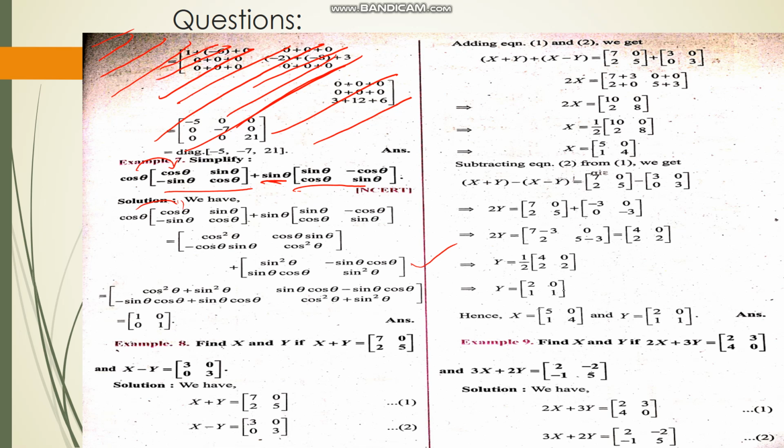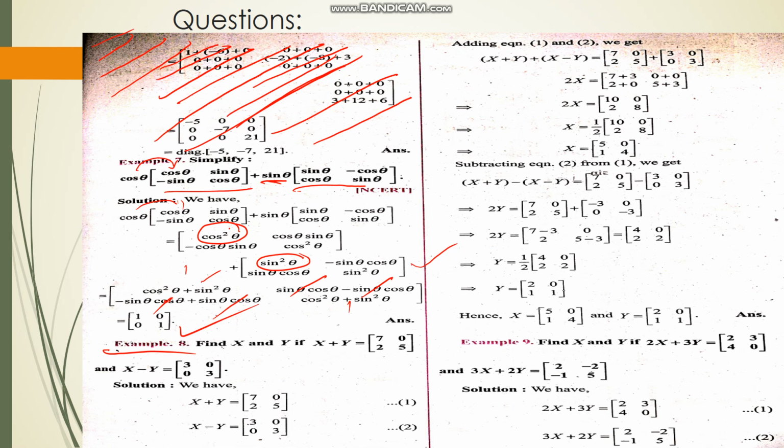After that we have to add the respective elements, meaning first element of first matrix cos square theta, first element of second matrix is sin square theta, so cos square theta plus sin square theta, like that we have to add it. This same quantity cancels out, this also cancels out, sin square theta plus cos square theta equal to 1, this also 1, so we'll get this result.